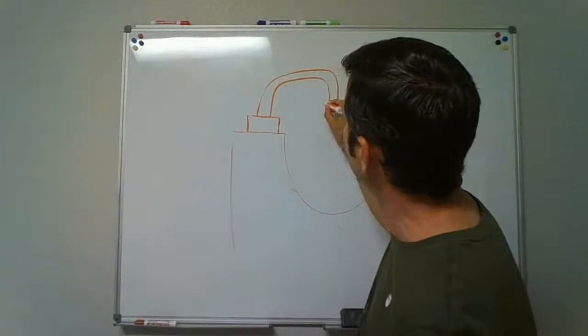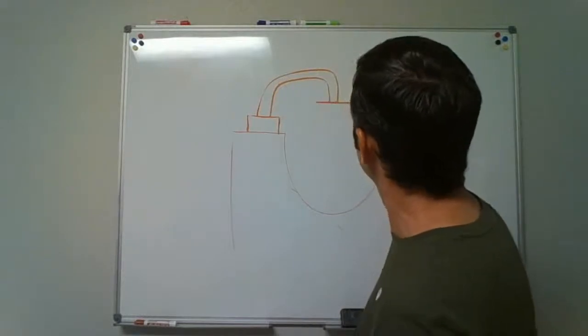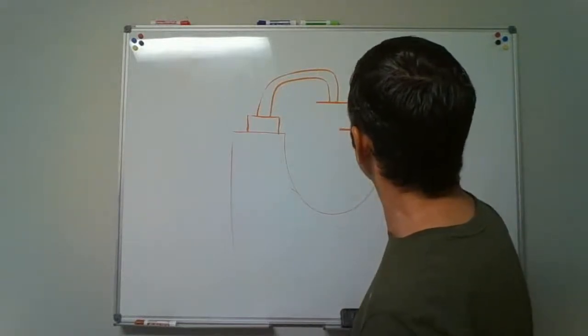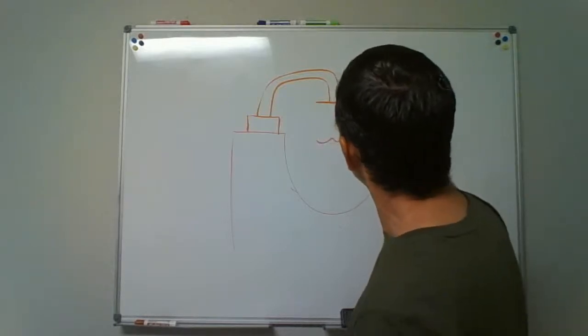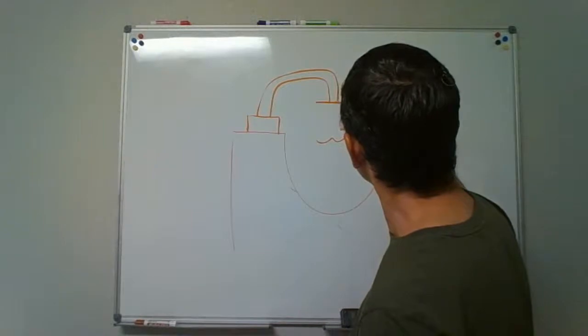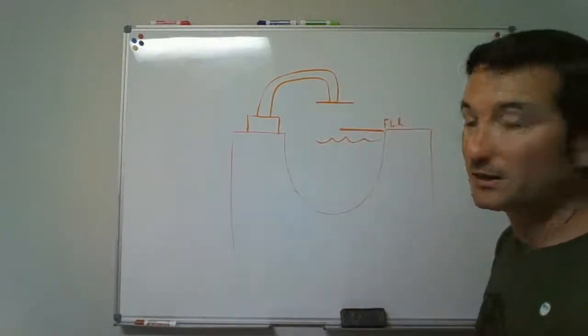The lowest end of the fixture outlet to the flood level rim, the edge where the water is going to come out. Okay, that's the flood level rim, FLR right there.